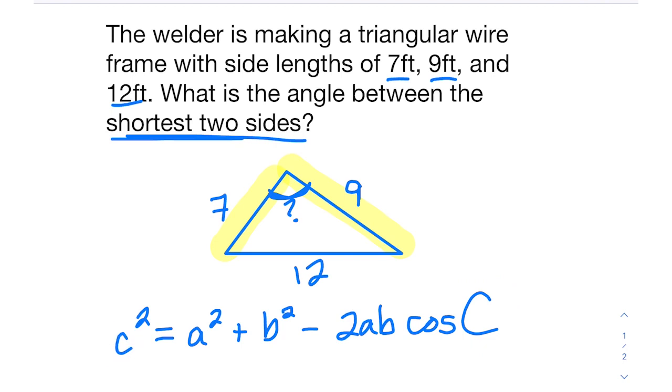So here, it doesn't really matter which one you would call A and B for this particular triangle, but we're going to call this corner here, this vertex C, so that would be the angle we're solving for, and then this would be little c.